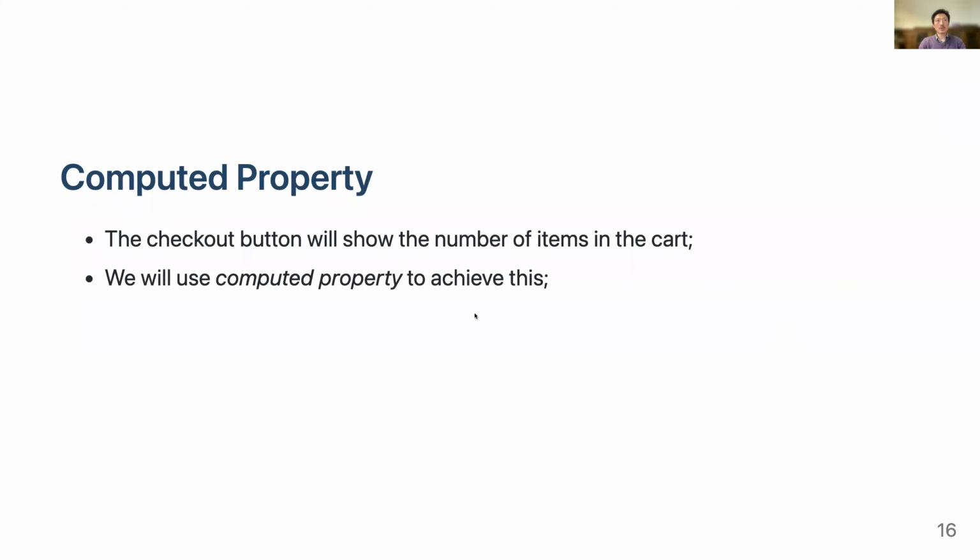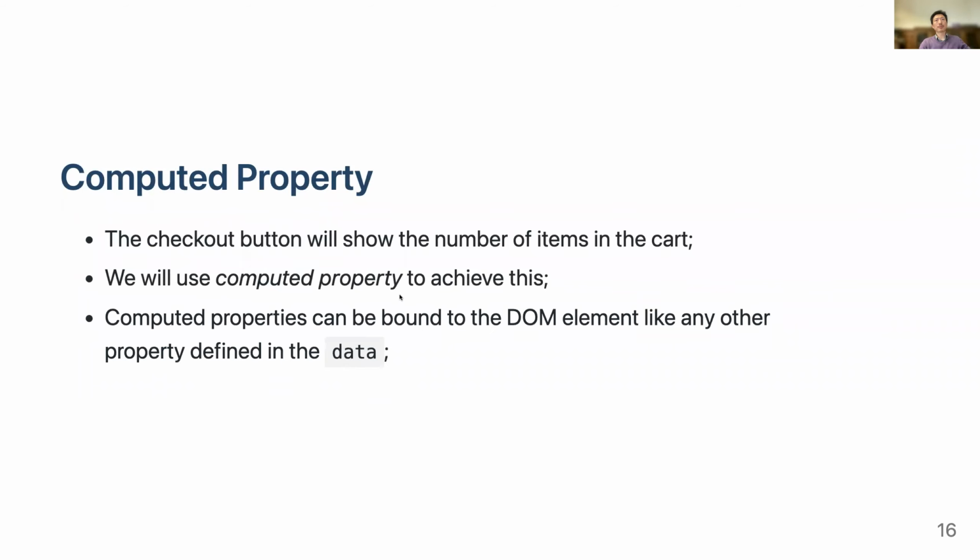Okay, and so I'm going to use something called a computed property to do this. As I said, a computed property is like a mix of the data and the methods.